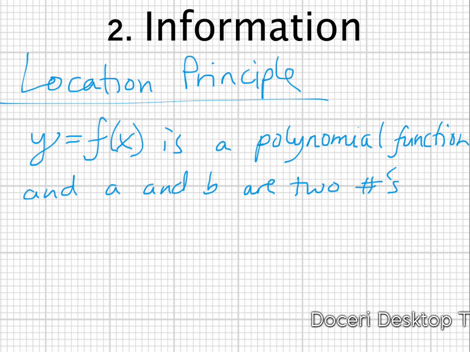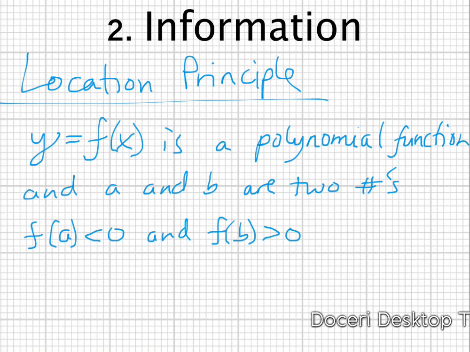Okay, if f of a is less than 0, that means the y value that I get out of the function when I substitute in a is a negative number, and f of b is greater than 0.